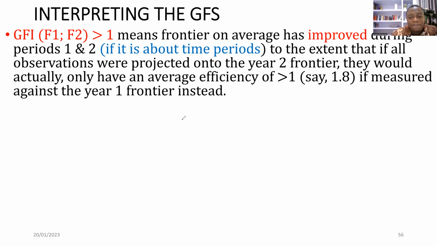So you have the geomean. Watch here. You have the geomean of frontier 1 divided by the geomean of frontier 2.